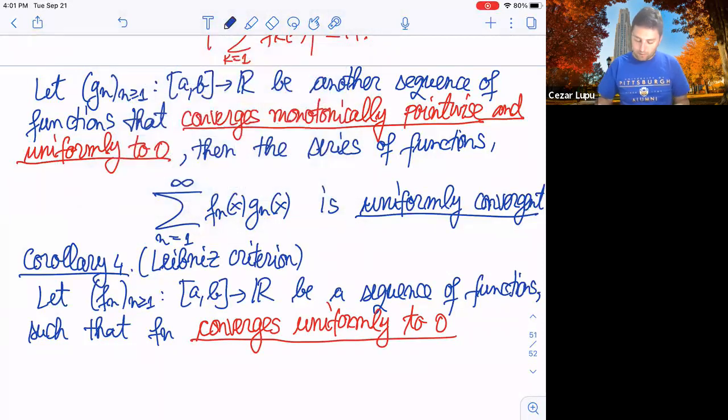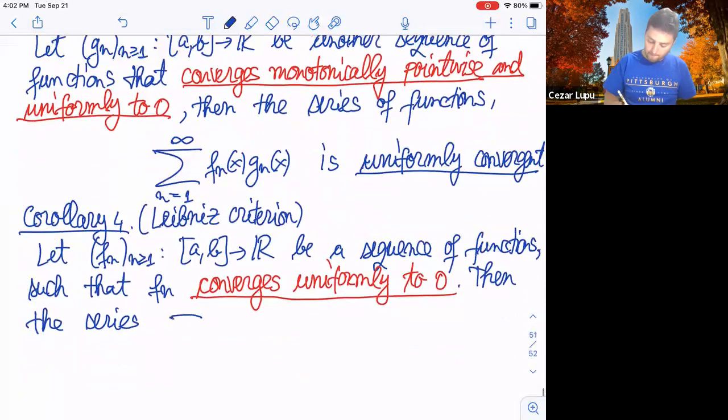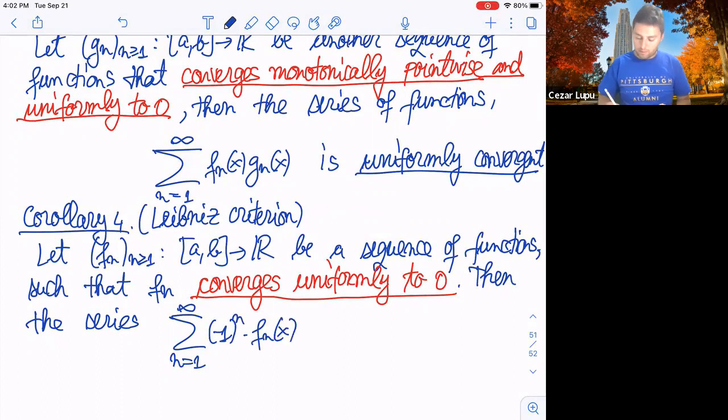And then the alternating series of functions converges uniformly as well.